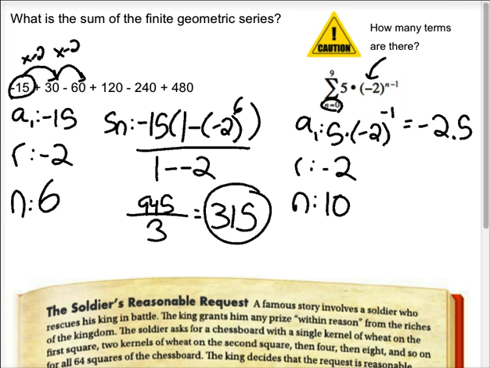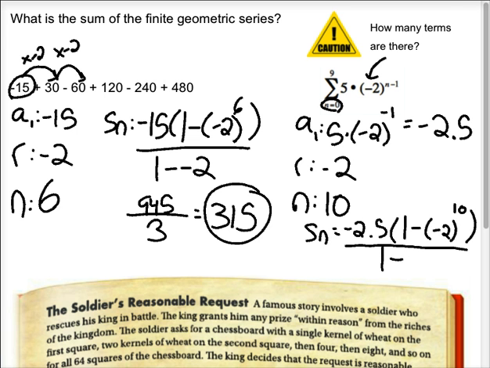All right, and now we're ready to plug it into our summation formula. A1, which is negative 2.5, times 1 minus r, which is negative 2, to the n, which is 10. And again, make sure you're using those parentheses over 1 minus r, which is a negative 2.